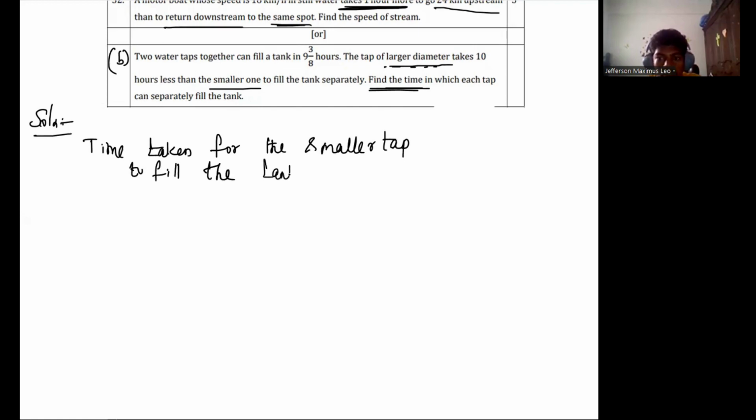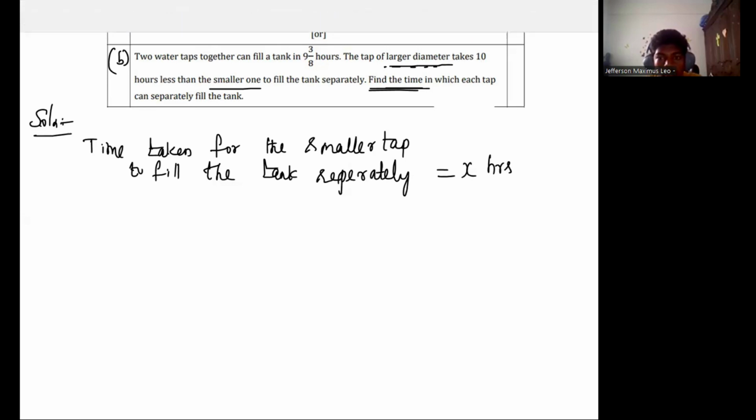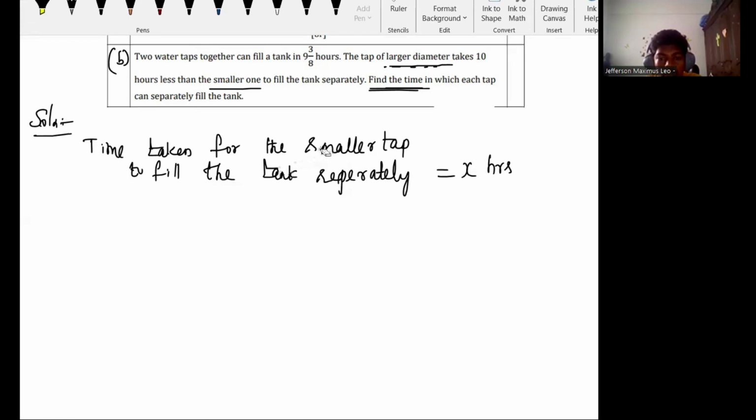So the time taken for the smaller tap to fill the tank separately, we take as x hours. Then the larger one is x minus 10.